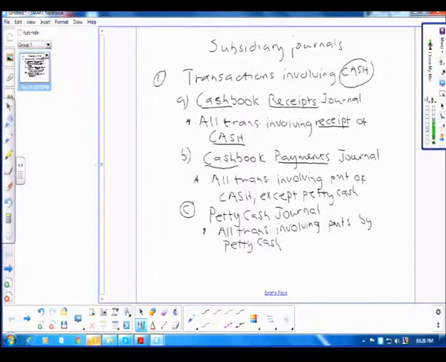Whenever we are doing payments and we're using petty cash, we're going to record them in the petty cash journal. So that is the first category.